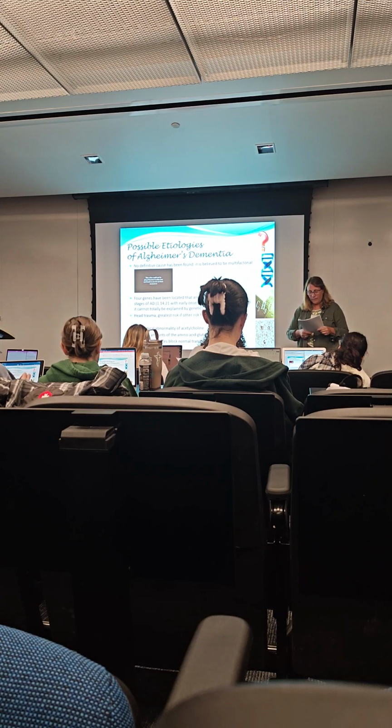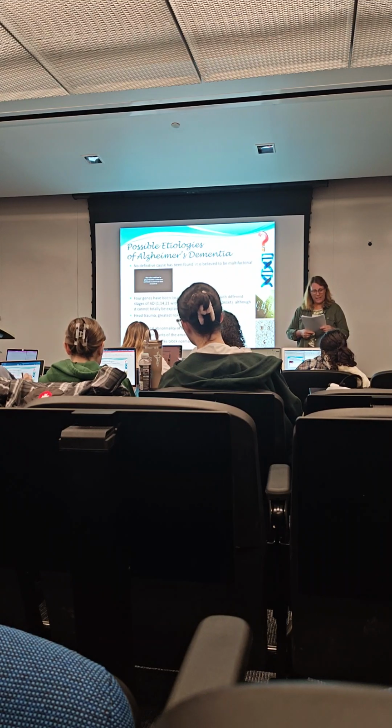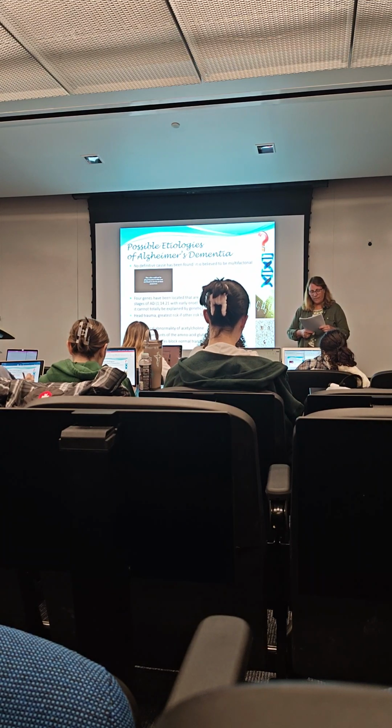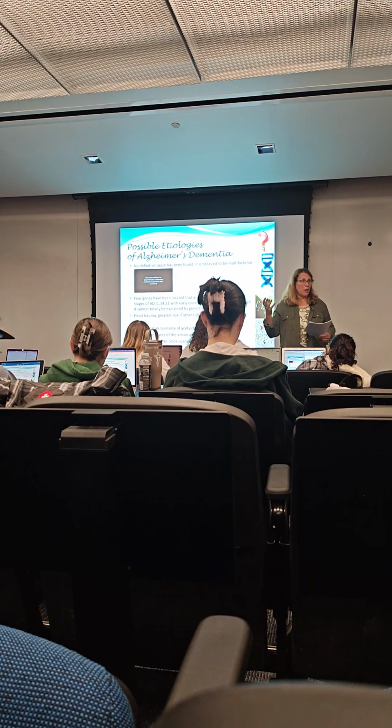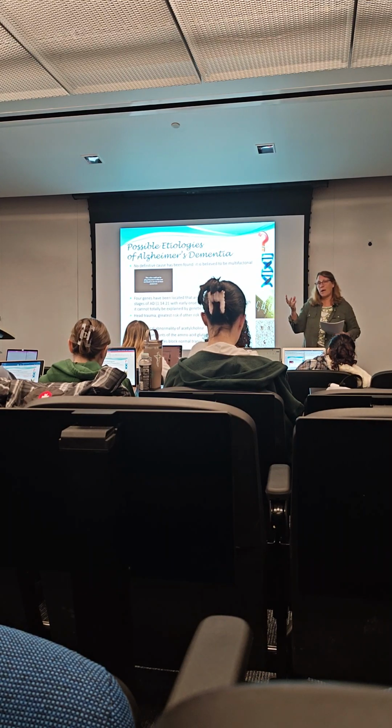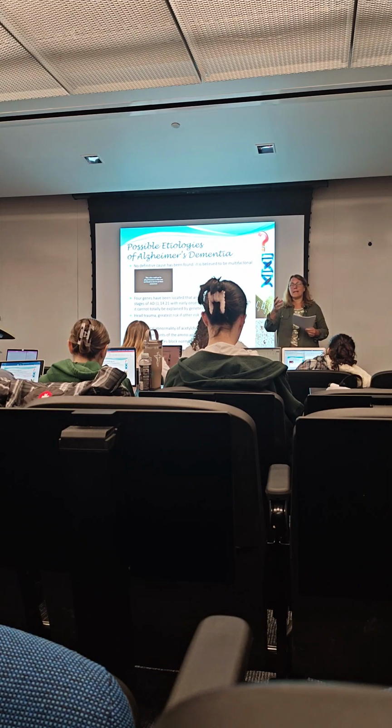Another biochemical abnormality is glutamate, and that leads to overstimulation of something called NMDA that leads to increased intracellular calcium. And that extra calcium, just like it's bad in our vessels, it's not good in our brain either. It's calcium that causes plaques and clumping of what we call these neurofibrillary tangles.